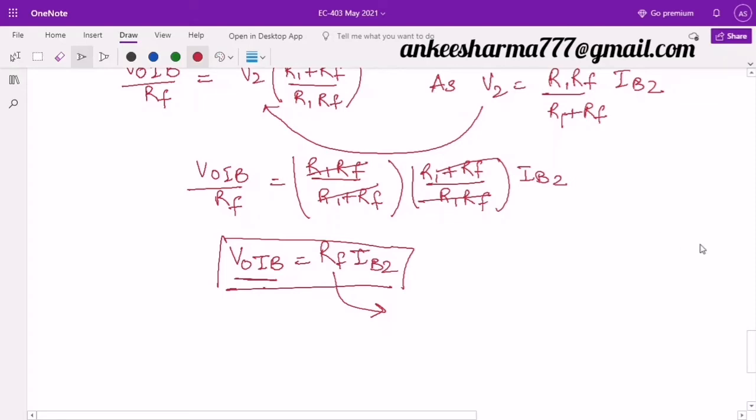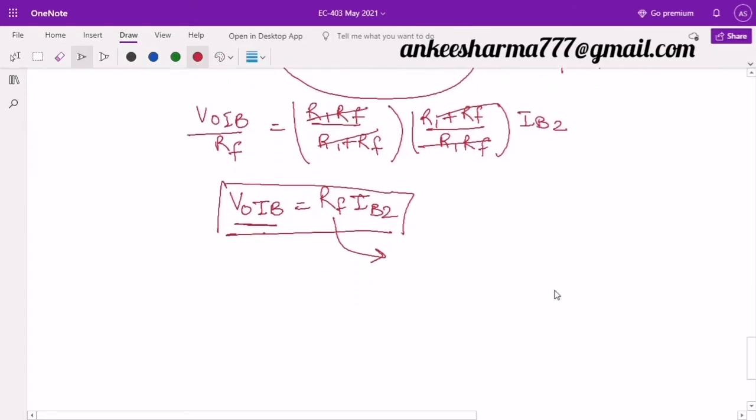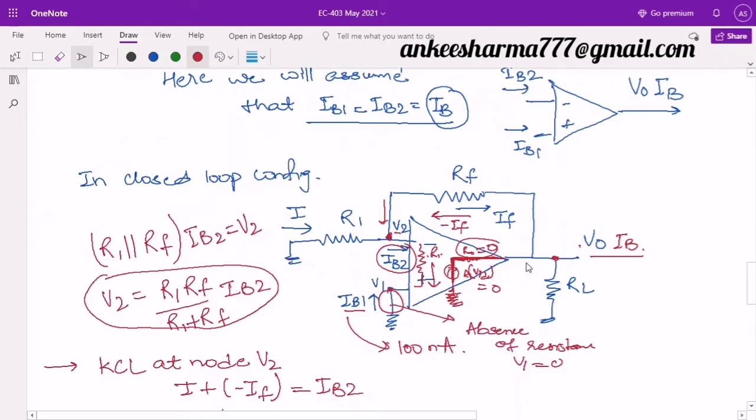So let us see how we can do that. In this case, due to these feedback resistors, RF and R1, we are getting the voltage V2 due to this IB2. So we want some resistance at this non-inverting terminal also, so that whatever voltage has been developed due to this IB2 and this feedback resistor RF must be available at the non-inverting terminal also, so that their effects can be eliminated.